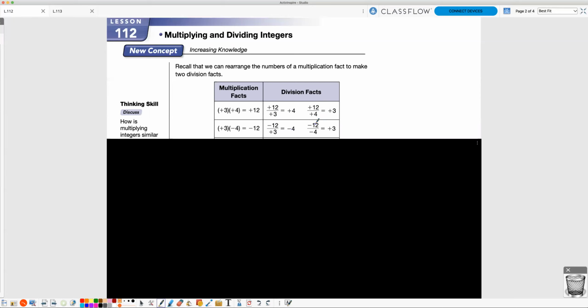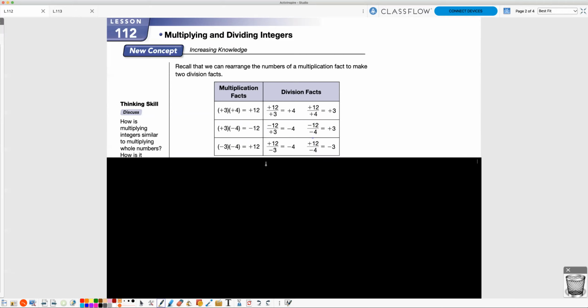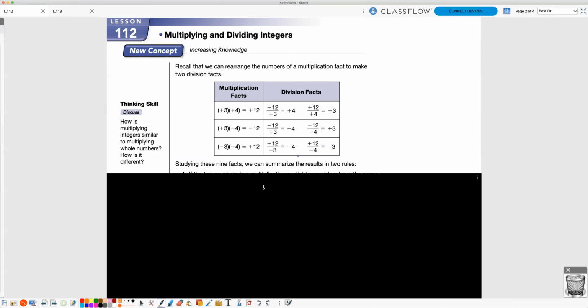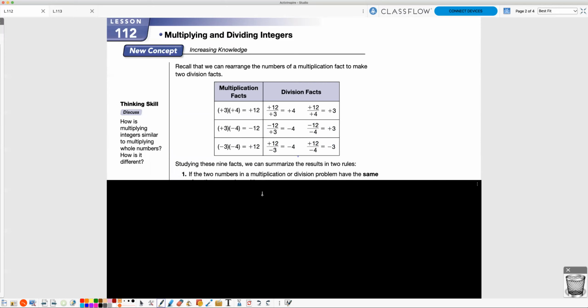Negative 12 divided by a negative 4 gives a positive 3. Also, a negative 3 times a negative 4 is a positive 12. Positive 12 divided by a negative 3 equals a negative 4, and positive 12 divided by a negative 4 equals a negative 3. Studying these 9 facts, we can summarize the results in two rules.